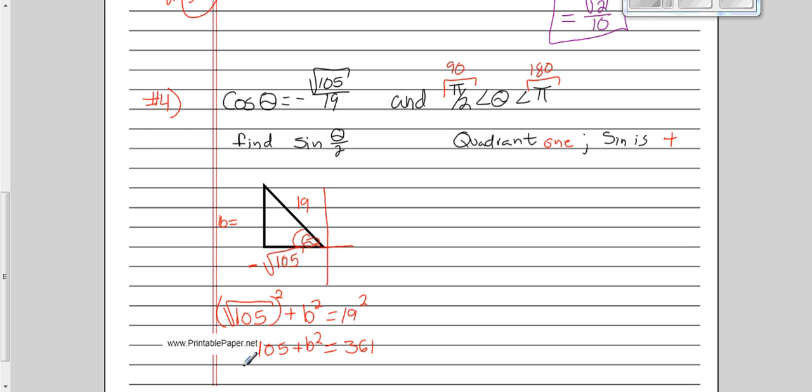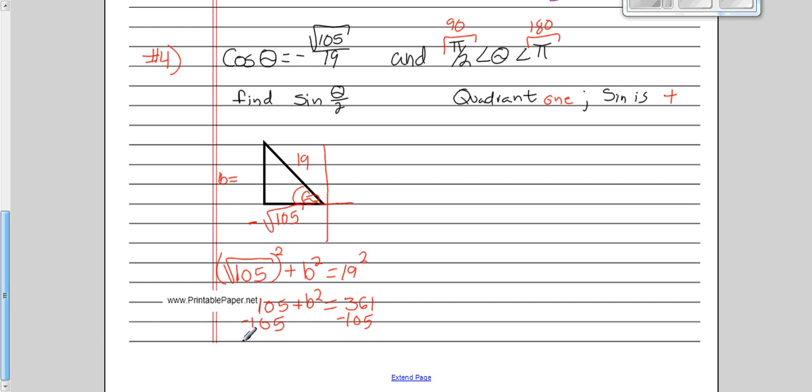Okay. And if I subtract 105 from both sides, I'm running out of room here. I'm going to end up with B squared is equal to 256.